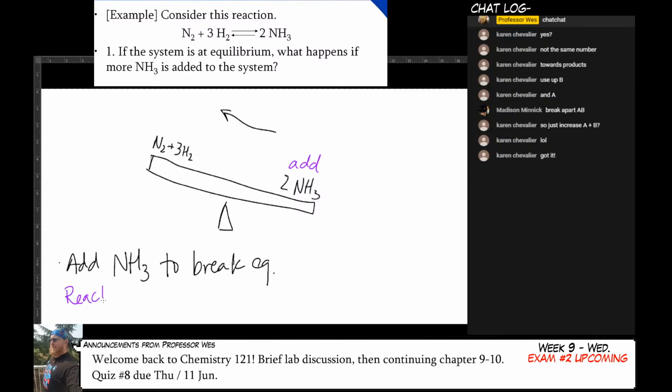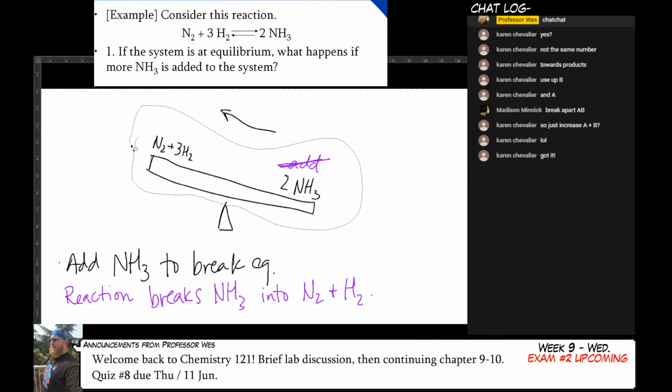So the reaction breaks NH3 into N2 and H2. And by doing that, I use up the added NH3, so it's no longer there. And I create more of this stuff so that the reaction will then tilt back in the direction that I want it to.